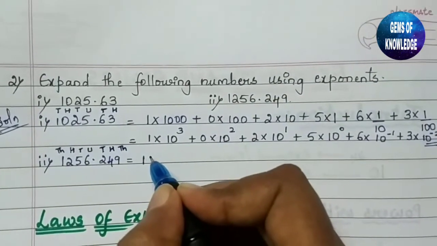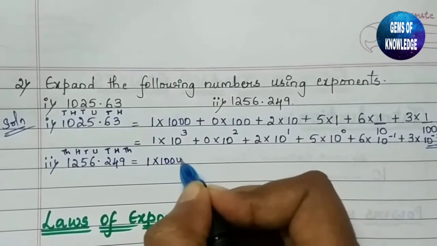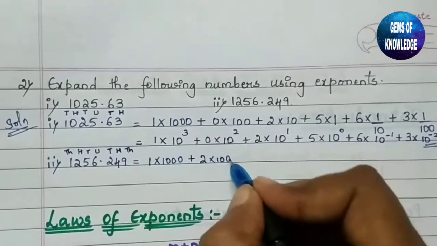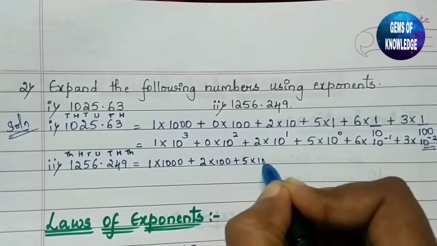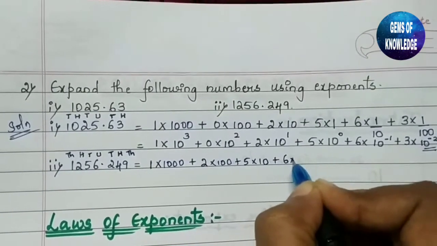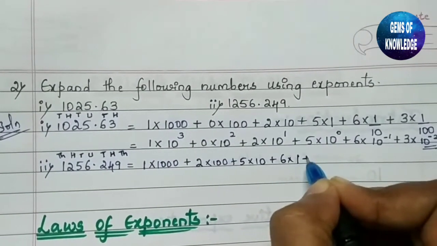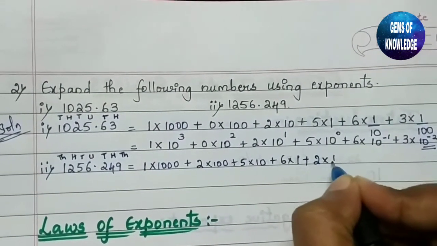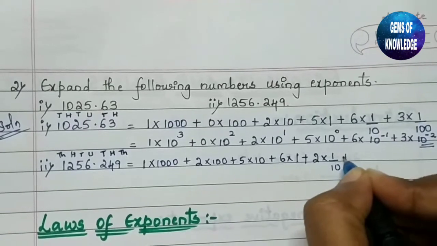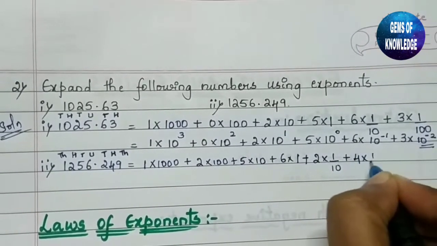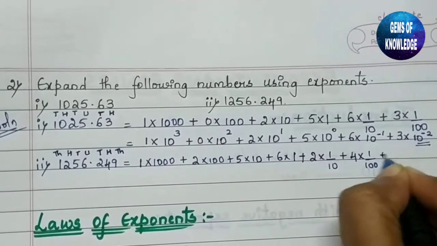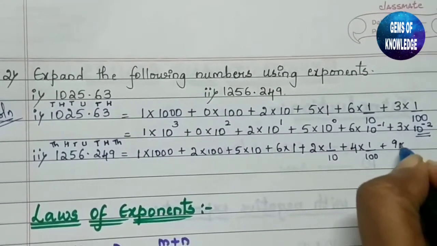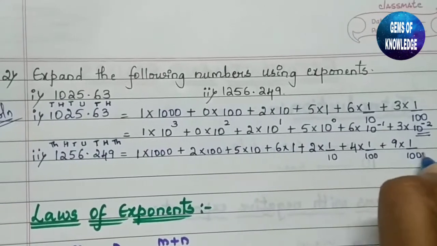So we can write it as 1 into 1000 plus 2 into 100, plus 5 into 10, plus 6 into 1, plus 2 into 1 by 10, plus 4 into 1 by 100, plus 9 into 1 by 1000.